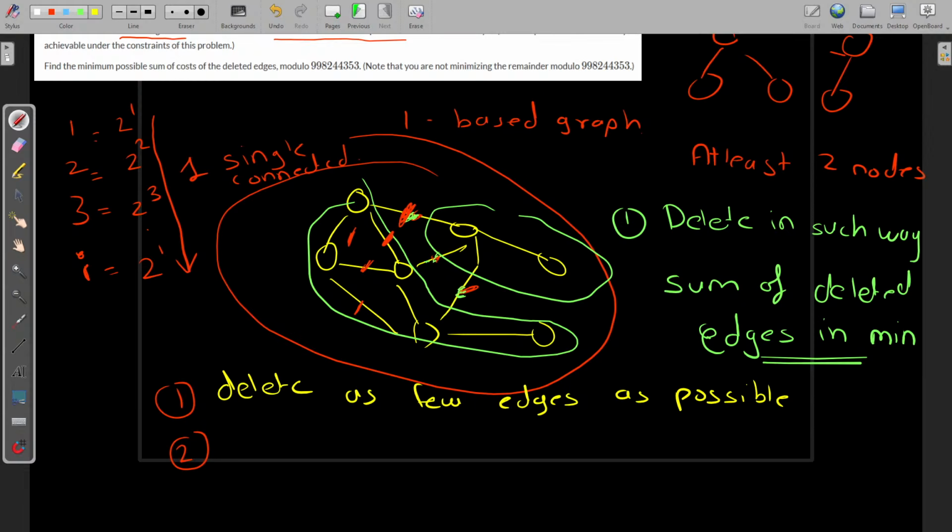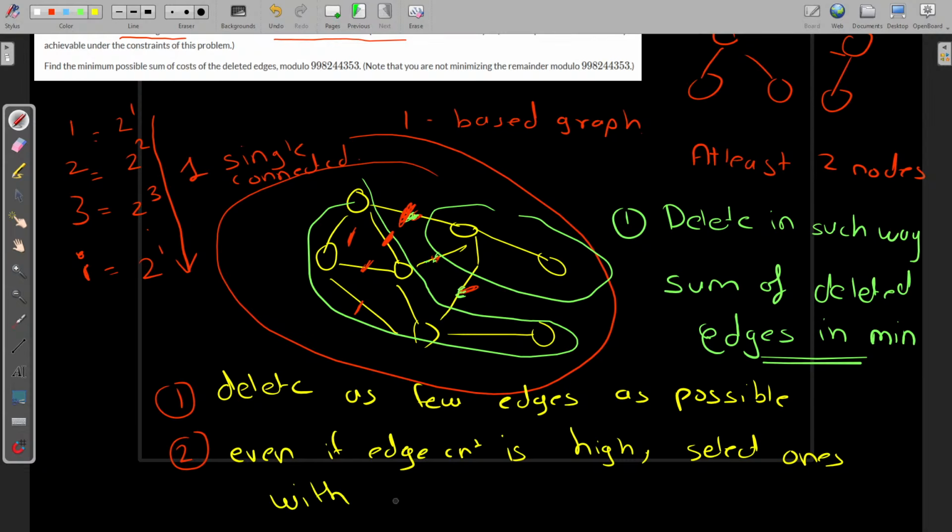The fewer the number of edges deleted, the smaller the summation. Or the second thing which we can do is, even if the edge count is higher, select ones with minimum weight. So these are the two observations, or you can say strategies, which come to mind.